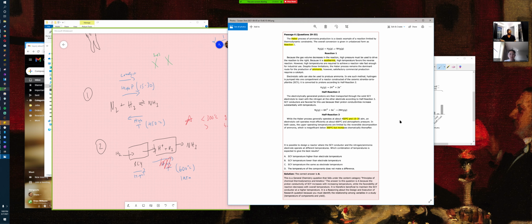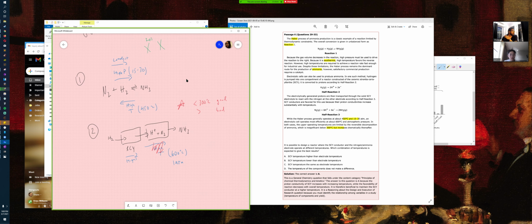Okay, I got it. So basically, the Haber process information's here. It works at 450 degrees Celsius, but the higher it gets, it's going to go in the reverse direction. But it's kept in the forward direction through high pressure, which is 15 to 30 atm, and also through using a catalyst.